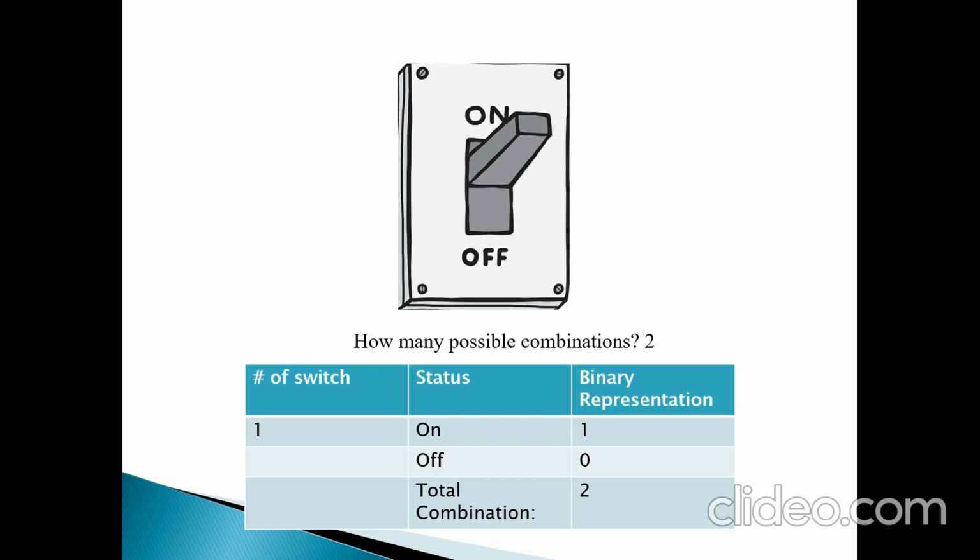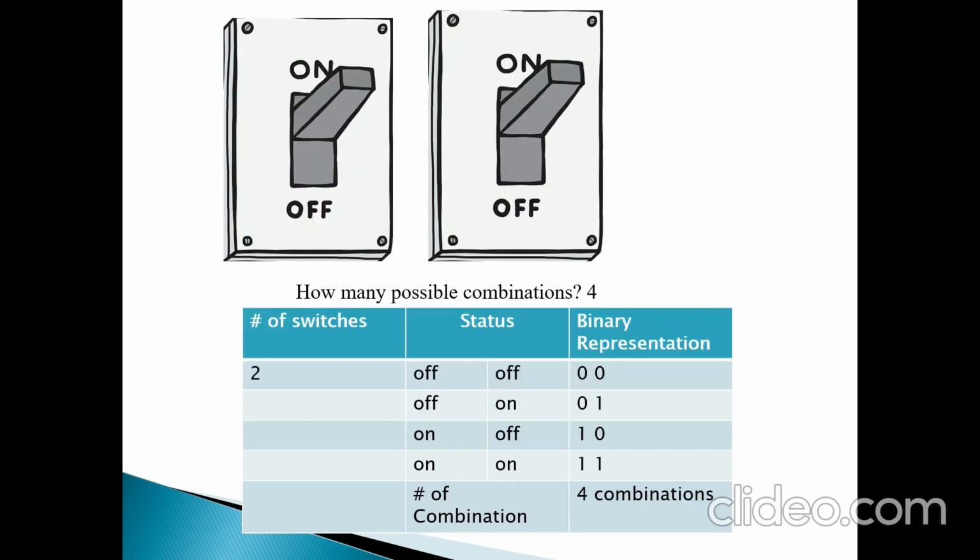So how about if we have two switches? I want you to try, of course, in our different homes, we have switches at the house, because that is how we turn on the light in our house.